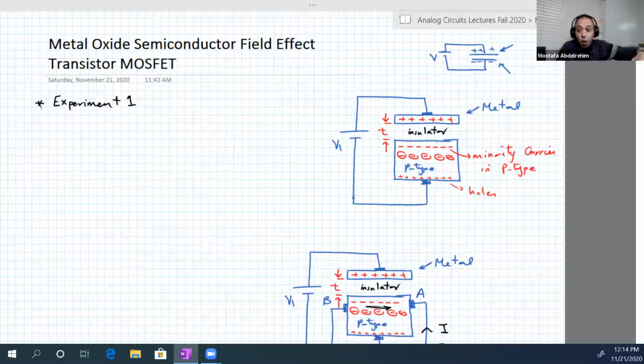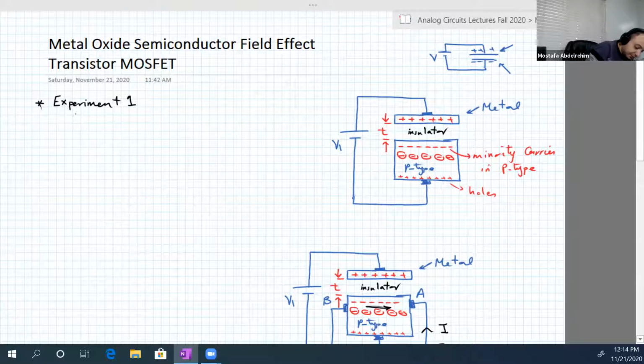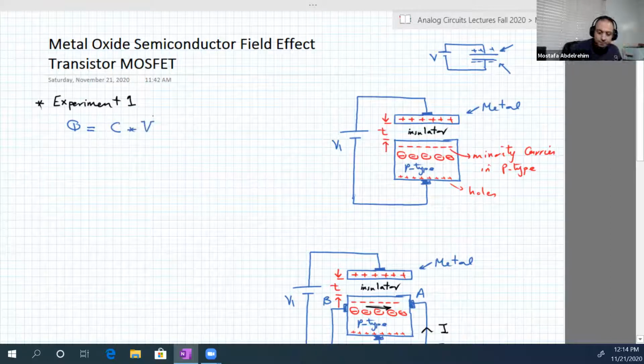Now, how do we control the density of the charge in the p-type semiconductor here? We know that Q, the charge on any capacitor, equals the capacitance multiplied by the voltage across that capacitor.